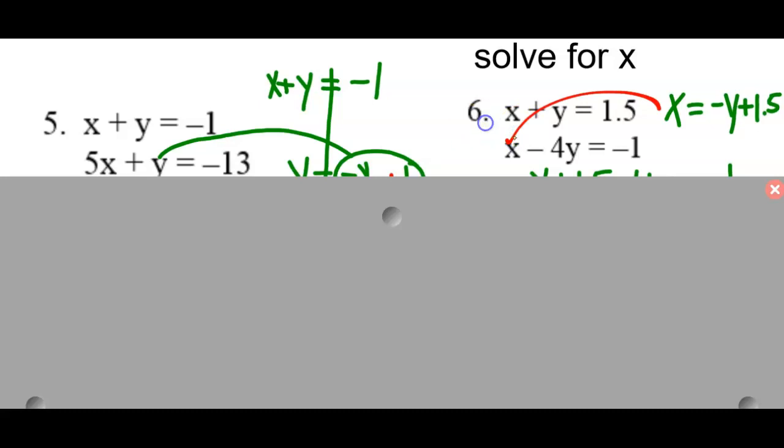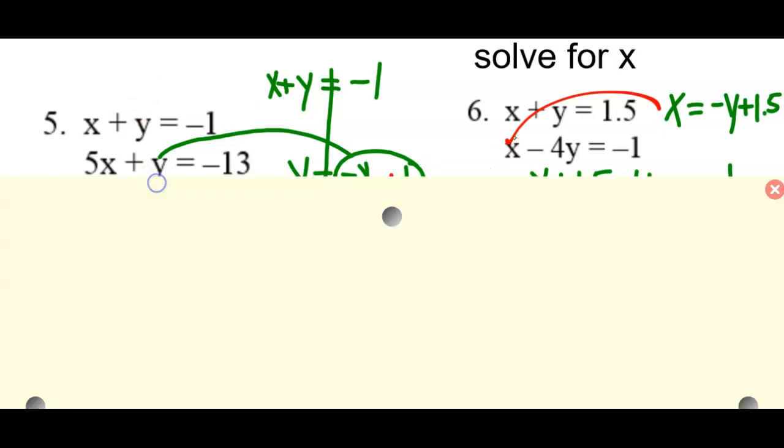Here's why I solved for x. Just like in number 5, I solved for y because the y was single by itself. Here I'm solving for x because that x is by itself. It doesn't have the -4 in front of it like the y does. We'll get to that. All right, so I put that in there. Now, what am I putting in there? I'm putting in this negative y plus 1.5.